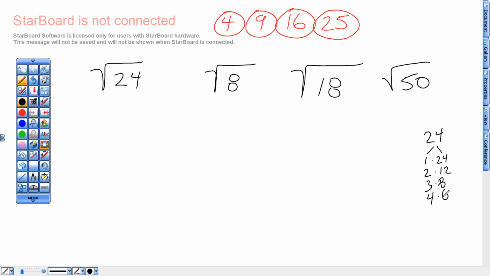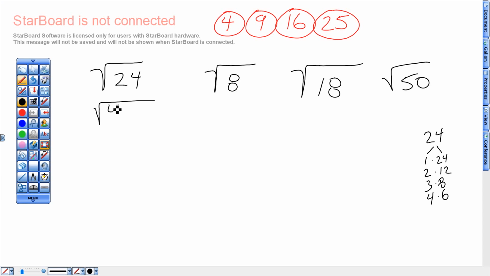4 times 6. Yep. So you remember how we started doing those, where you find those numbers. And then you remember what number to write first?